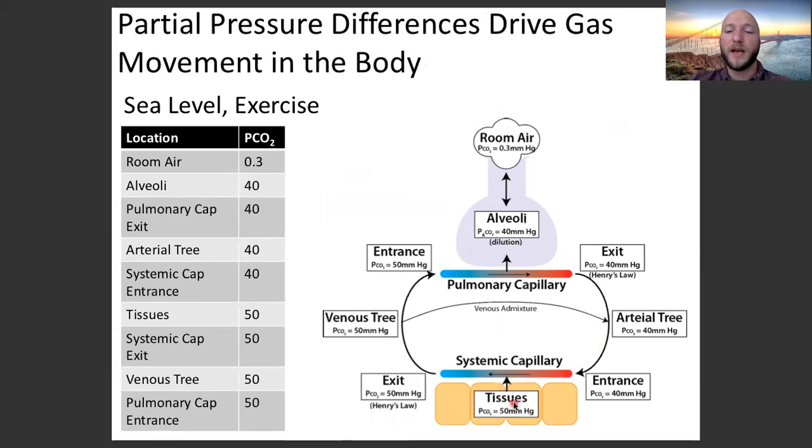CO2 levels are going to be higher in your tissues, 50 millimeters of mercury partial pressure CO2 instead of 45 at rest. That CO2 is going to move into your systemic capillaries and travel back to your pulmonary capillaries, where it's going to move from high pressure of 50 in your capillaries to low pressure of 40 in your alveoli.